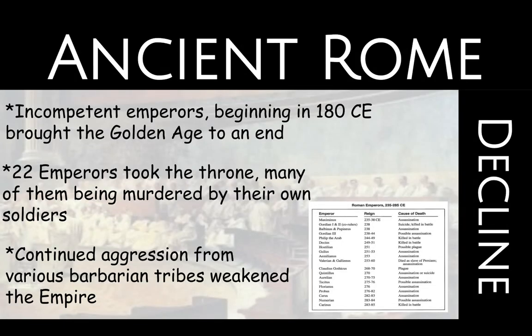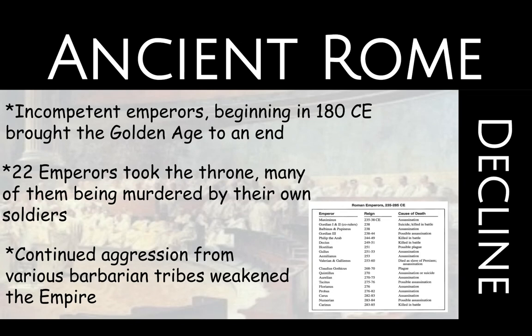Another reason why the Roman Empire began to decline was continued attacks from outside tribes. The Romans called them barbarians. And if you look at the bottom of page 32 in your workbook, there's a map and it shows you the different invaders. There are the Huns and the Goths.